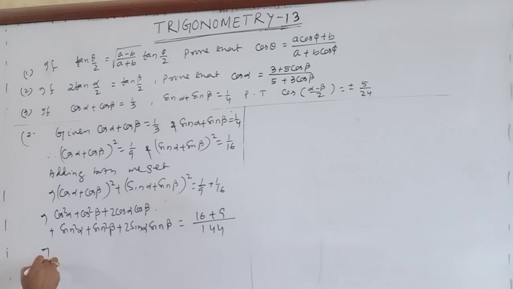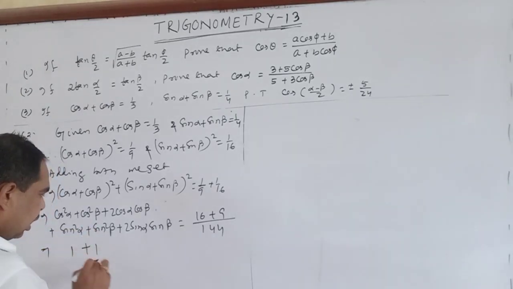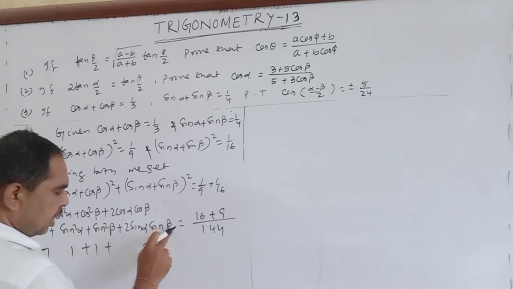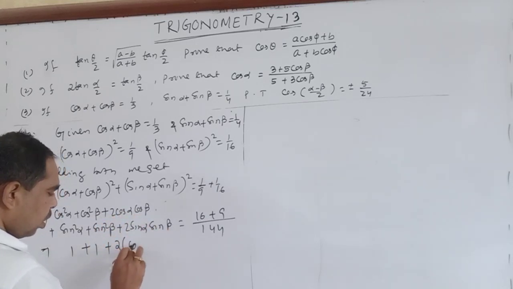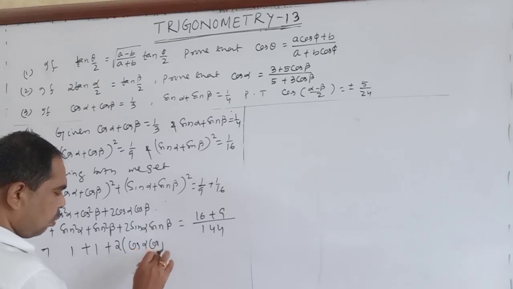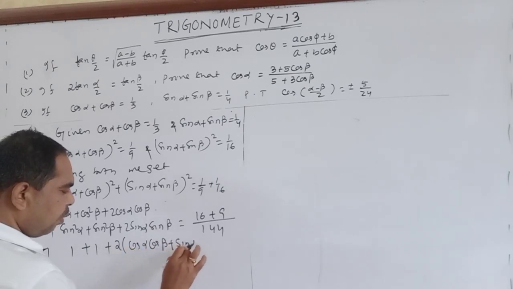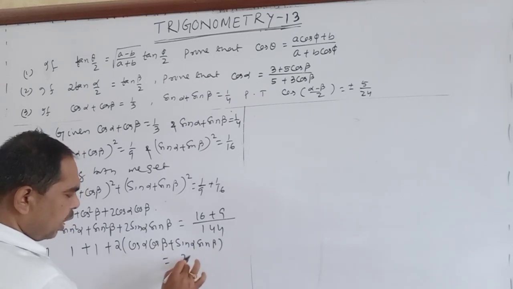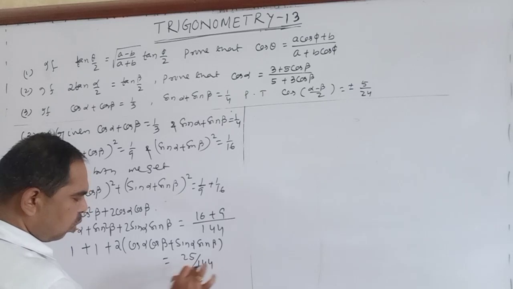So this implies cos square alpha plus sin square alpha is 1, and cos square beta plus sin square beta is also 1, plus 2 cos alpha cos beta plus 2 sin alpha sin beta, where 2 is common. This becomes 2 into (cos alpha cos beta plus sin alpha sin beta) is equal to 25 by 144.